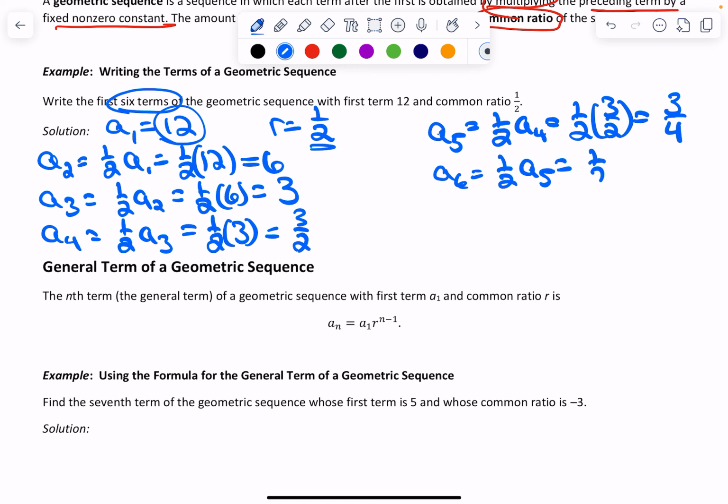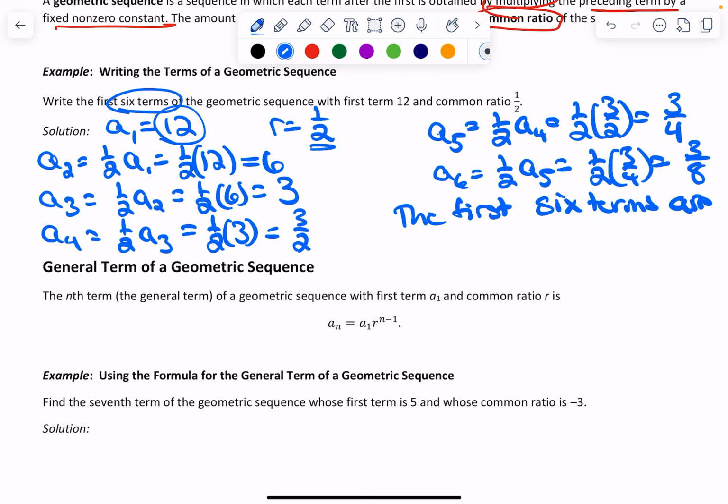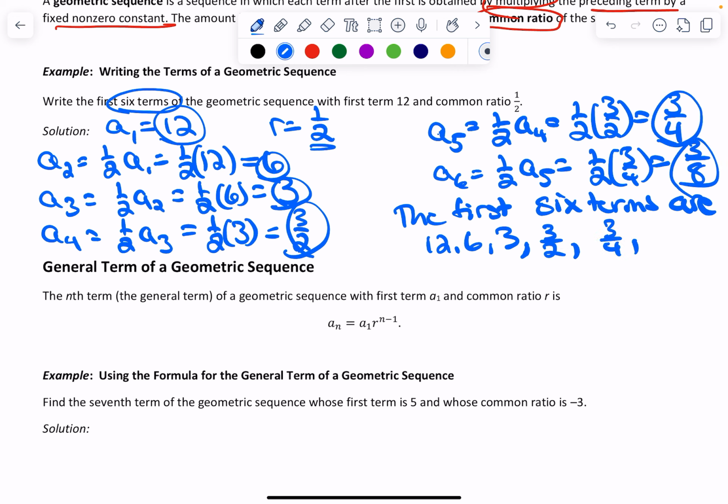So half times 3/4, again, top times top and bottom times bottom, 3/8. So the first 6 terms are 12, 6, 3, 3 over 2, 3/4, and 3/8.